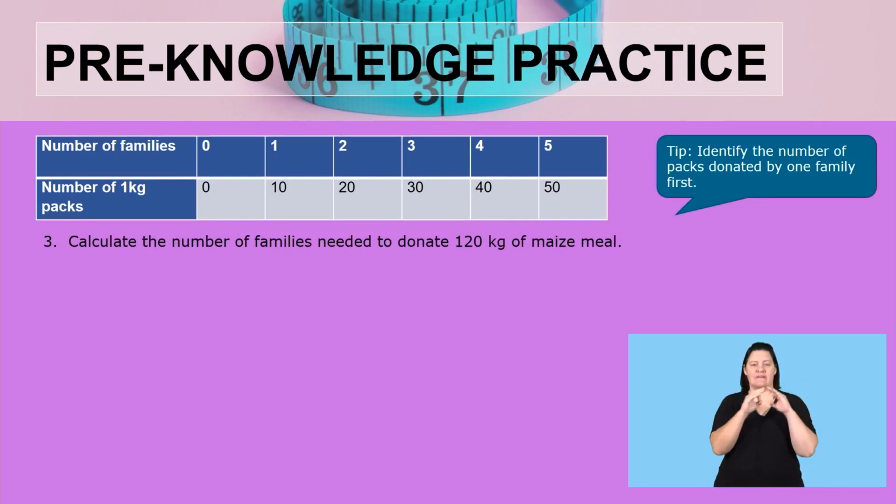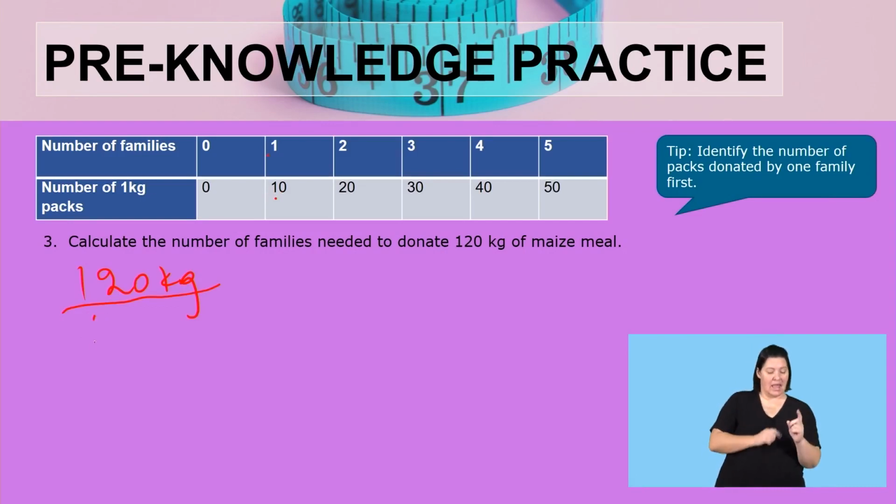Calculate the number of families needed to donate 120 kilograms of maize meal. So if we have 120 kilograms of maize meal and we say one family donates 10, we can divide 120 by 10 kilograms.